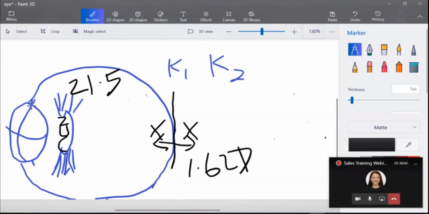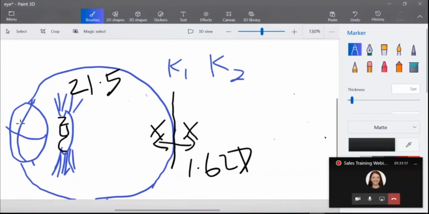If you think about the cornea power here and the IOL power here, that means that for the flatter K value plus 21.5 diopters, it's too much power. Sorry, this one is steeper. So this cornea power, which has more power, plus 21.5 diopters on the lens, has too much power.